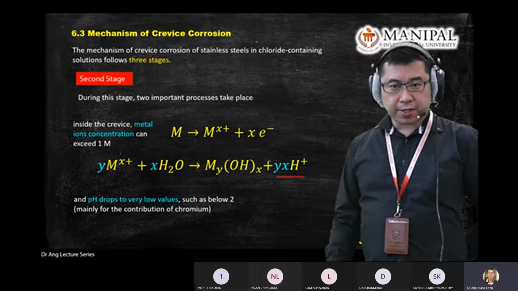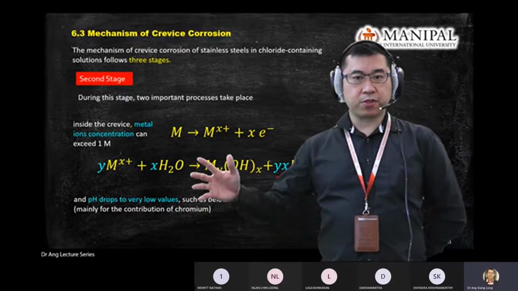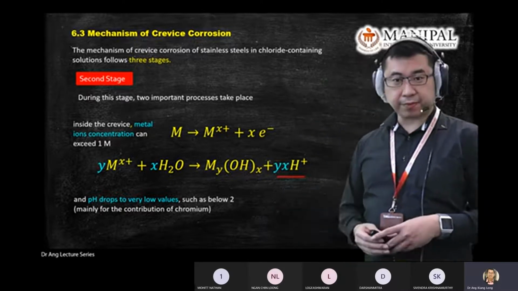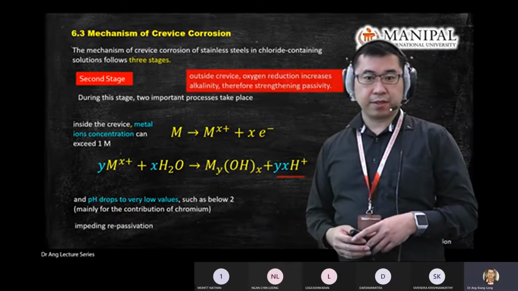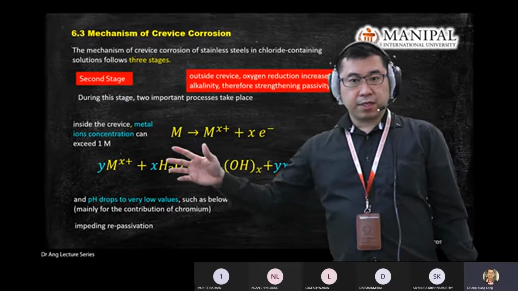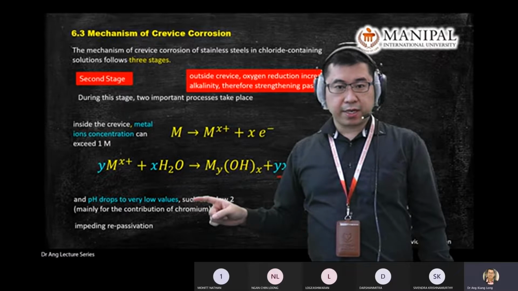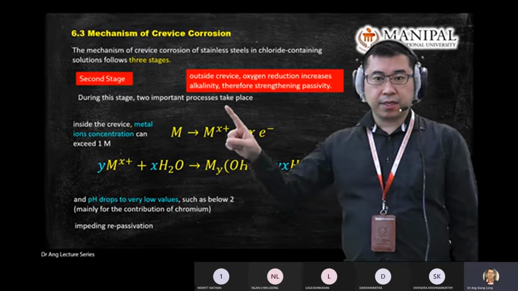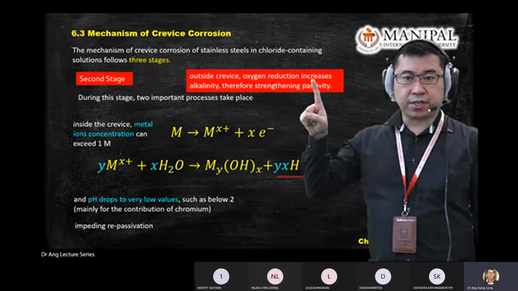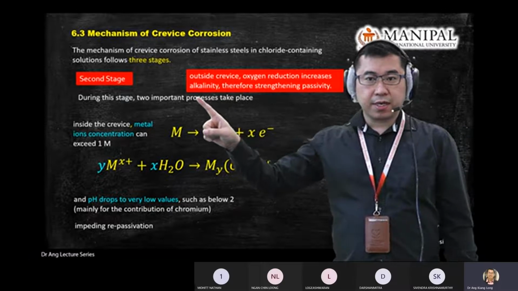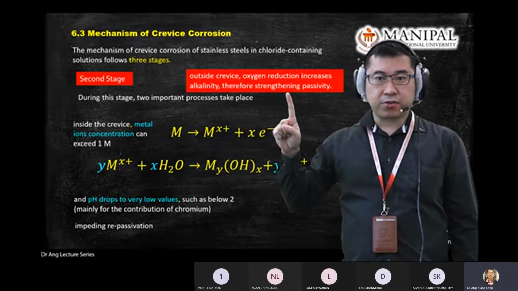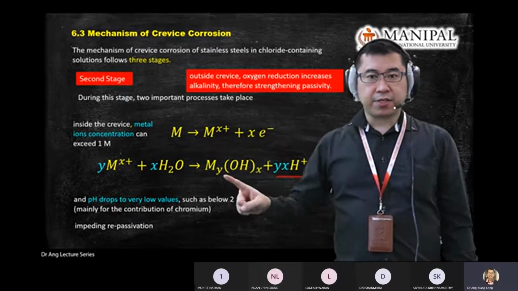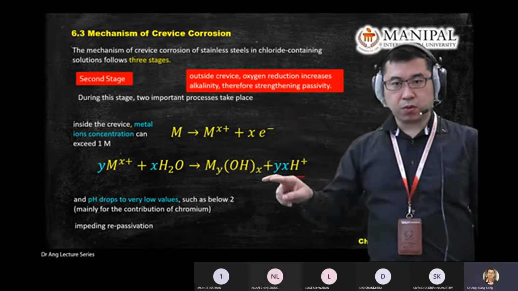Okay, so this is about stage 2. There are differences between stage 1 and stage 2. Important. So this one, it will go back to passivation. Outside the crevice, oxygen reduction increases the alkali, therefore strengthening the passivity. What do I mean by this? This is inside the crevice hole.